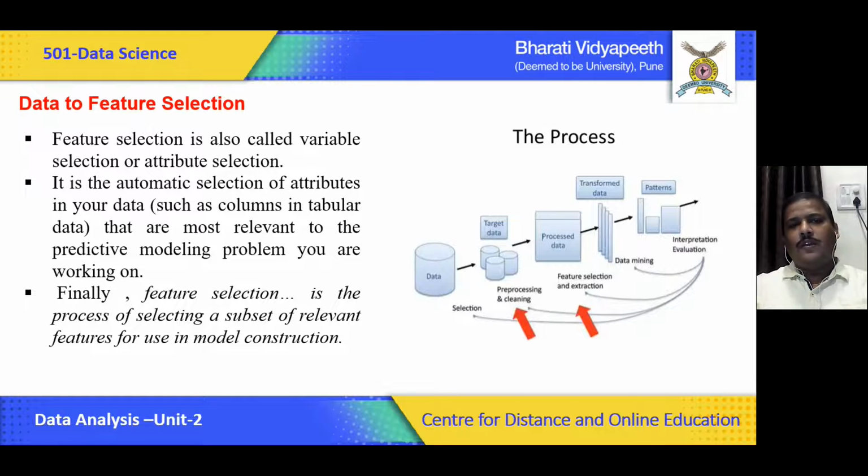We enter different kinds of data, which we call raw data, into the computing environment. After sending the data, it may come across different phases, and we have to apply different kinds of processes.